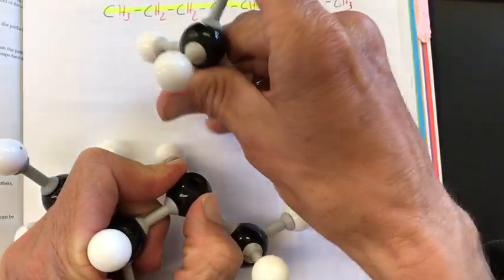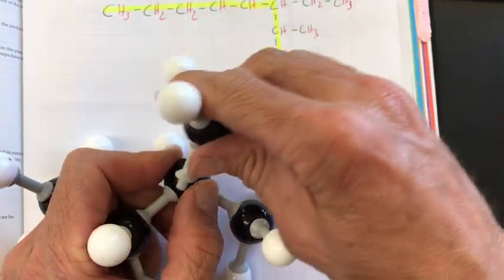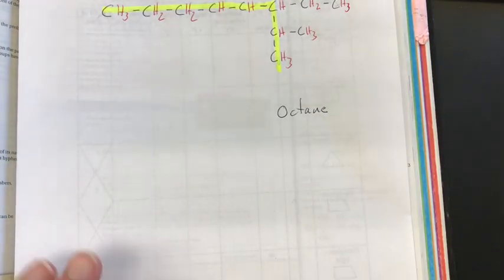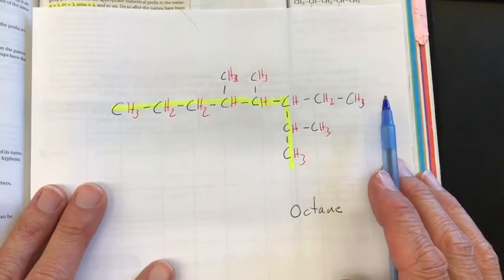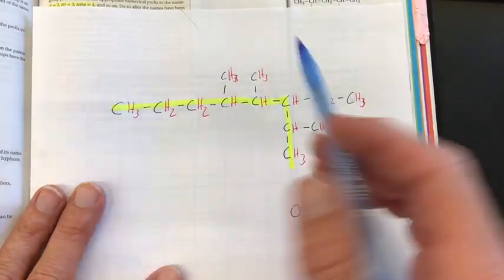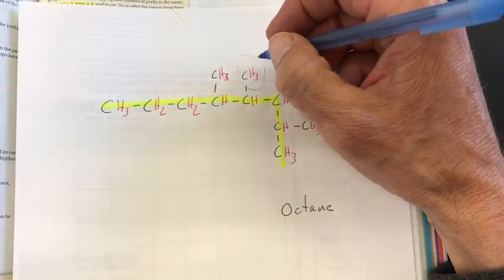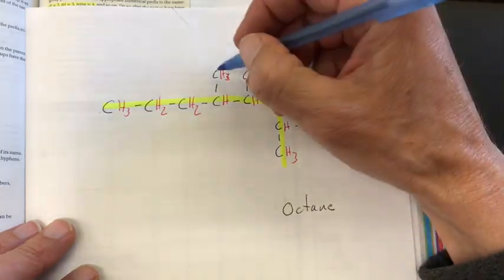Because he has the 3, but he's missing 1 of his hydrogens, and so is this guy. That makes him an alkyl group. So our next goal here, according to our rules, is to identify the alkyl groups. The alkyl groups we have are single carbon, and what is that guy called? Methyl. Here's another one.